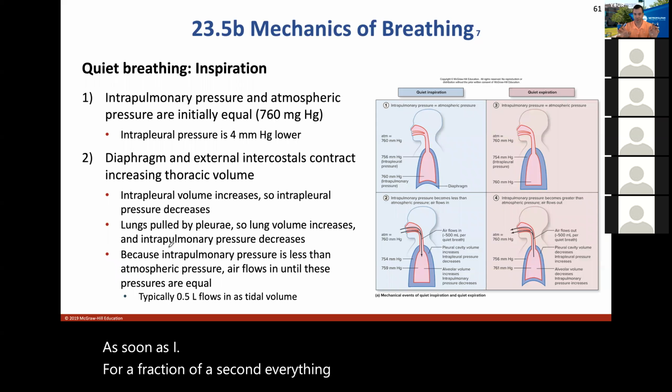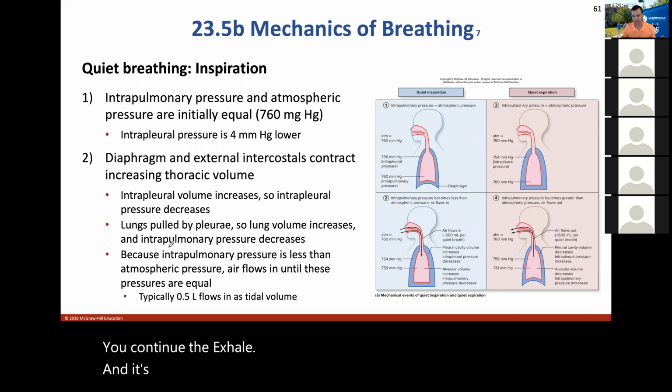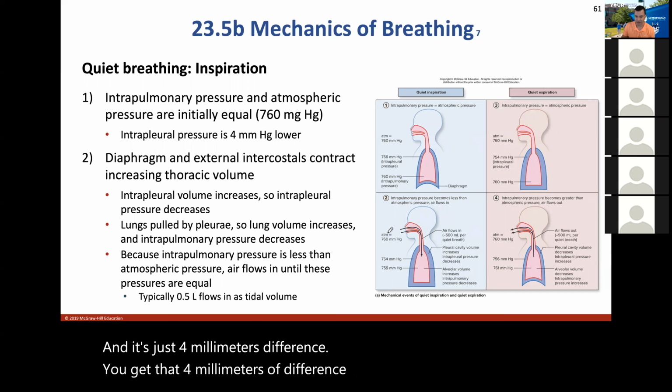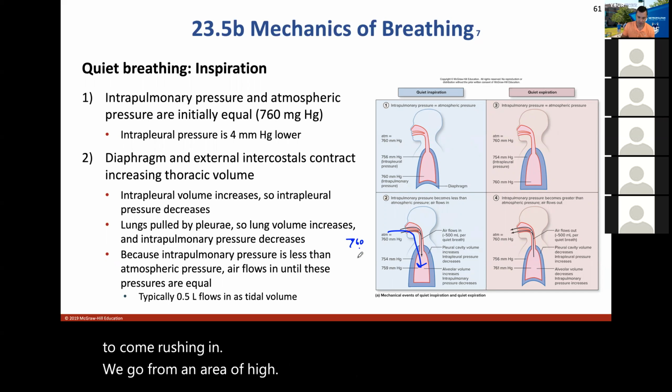And then you continue and it's just 4 millimeters difference. You get that 4 millimeters of difference between them, and air is going to come rushing in. We go from an area of high to an area of low. That's all.